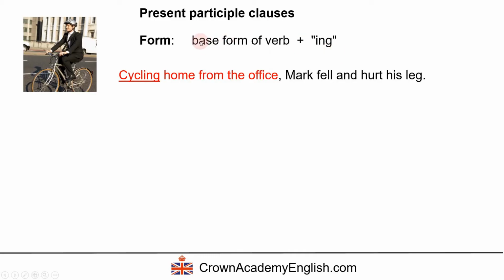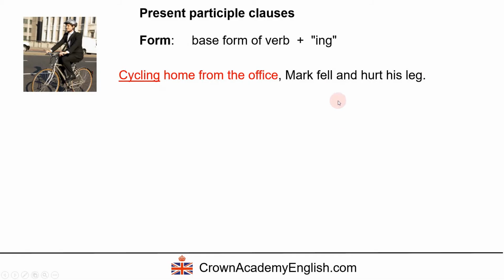Okay, so the present participle is underlined. The present participle is the single word cycling, and everything in red is the clause. This is the present participle clause. Cycling home from the office, Mark fell and hurt his leg. So what is the tense of this sentence? Did this happen in the past, present, or future?